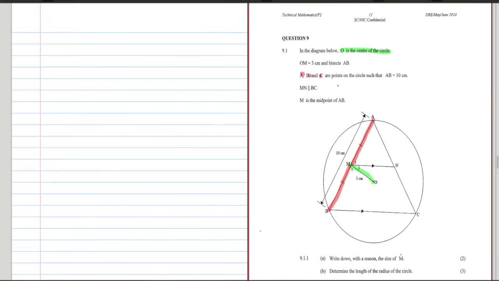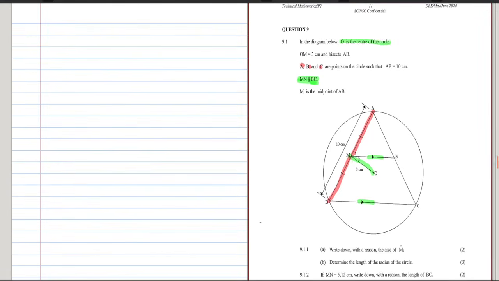A, B, C are points on the circle such that AB, that entire length AB, is equal to 10 centimeters. And we have another piece of critical information: parallel lines. We have this line parallel to that line, and M is the midpoint of AB. That's the midpoint theorem in triangle ABC.